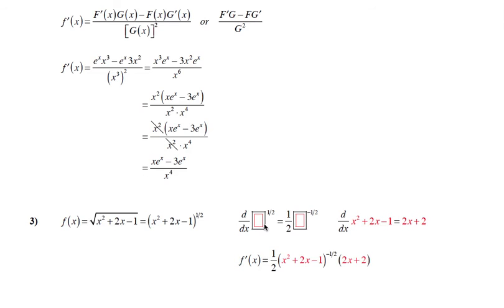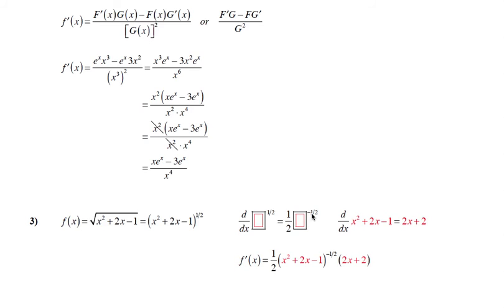So we're not going to touch what's inside those parentheses in the first step. We're going to differentiate the outside function and leave what's inside alone. And so we use the power rule, multiply the 1/2 around to the front here, and subtract 1 from 1/2. Well, 1/2 minus 1 is negative 1/2, and so this part of the differentiation gives us 1/2 times box raised to the negative 1/2.